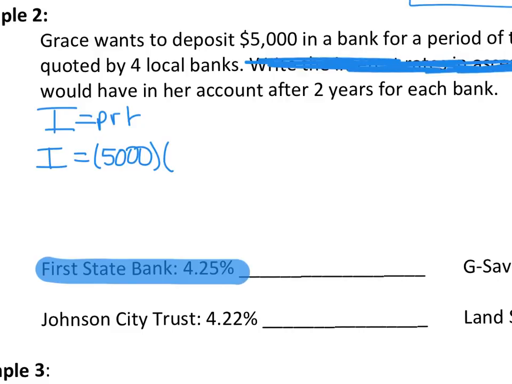Now, if you're confused as to how to put the percent to a decimal, you just divide by 100. So if I take 4.25 and I divide by 100, that gives me 0.0425 as my rate. And time, it says right here, is 2 years. So if I calculate all that, 5,000 times 0.0425 times 2, you end up getting an interest of $425.